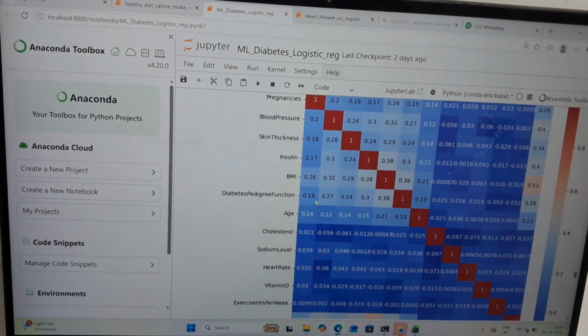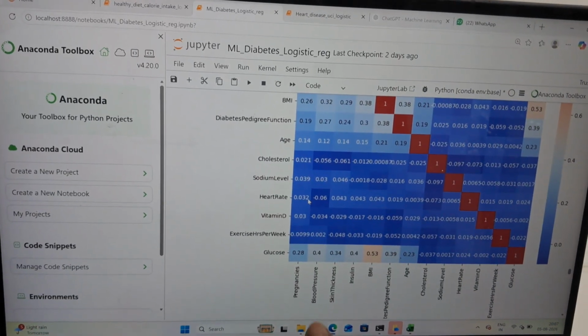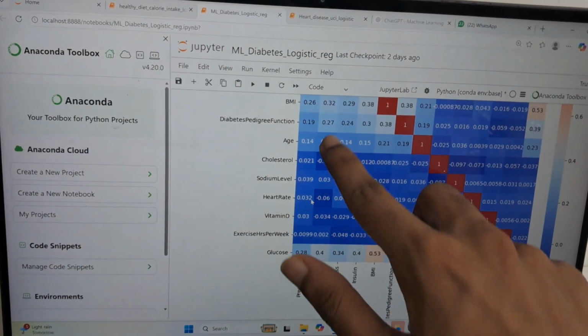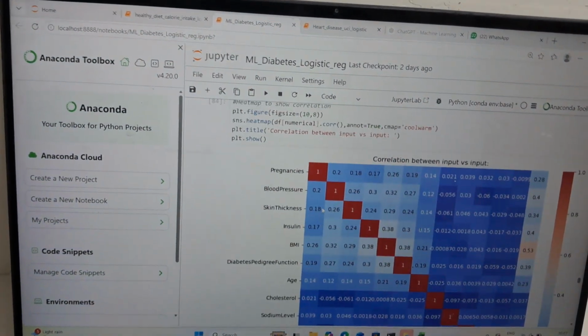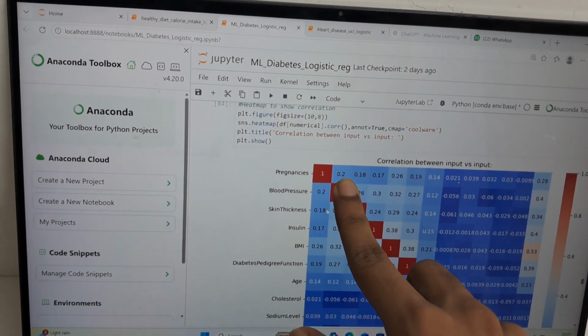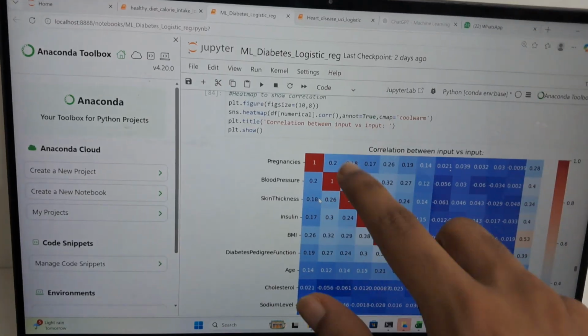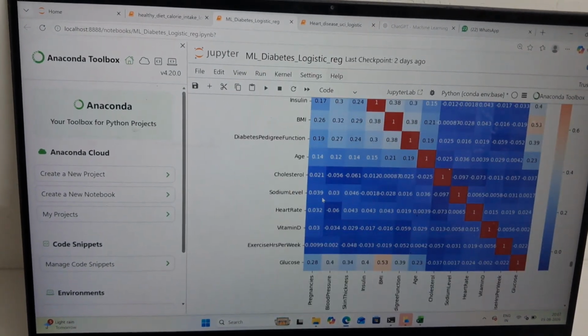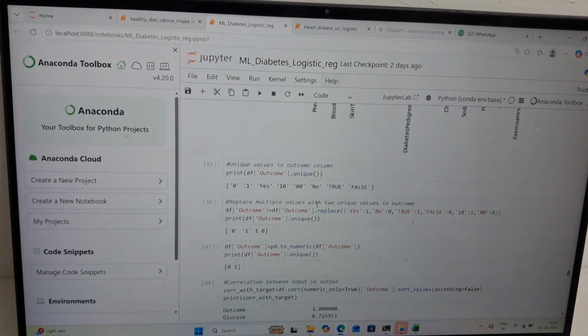Now pregnancy versus blood pressure is 0.2. 0.2 is near to 0, so very less related. So in this way you can observe correlation using a heat map.